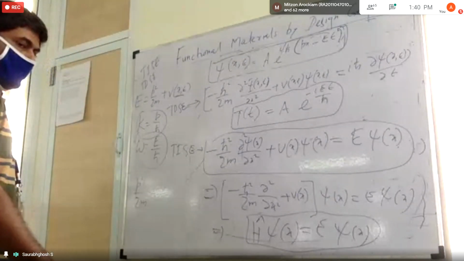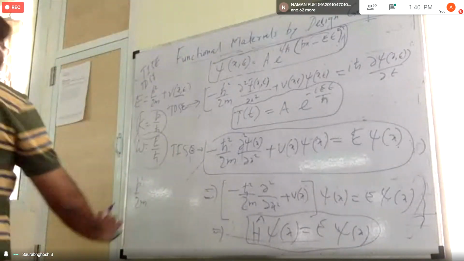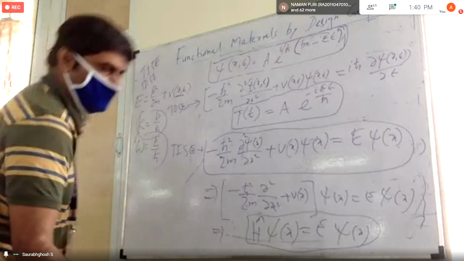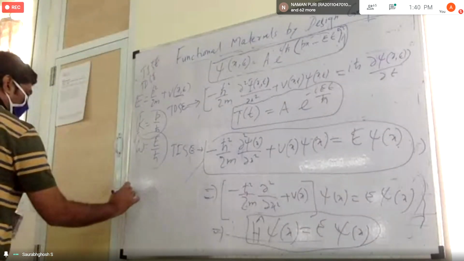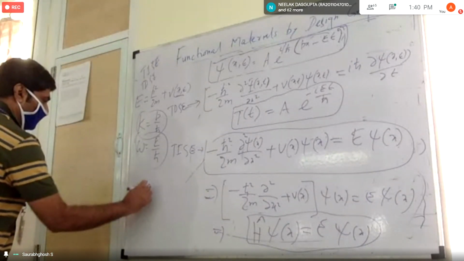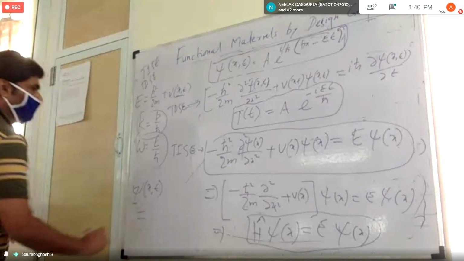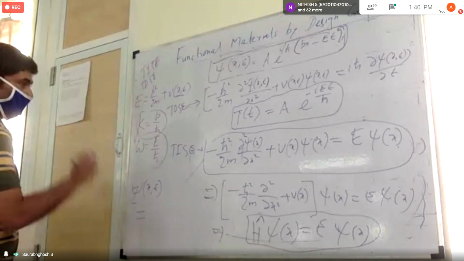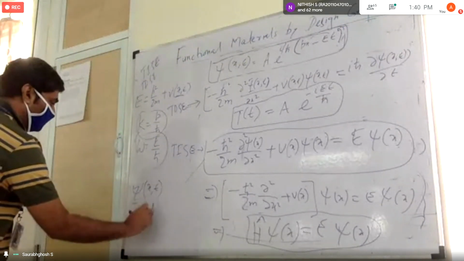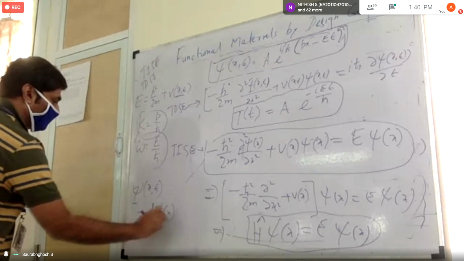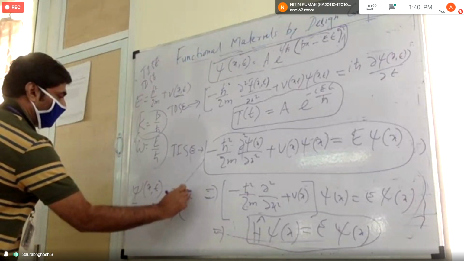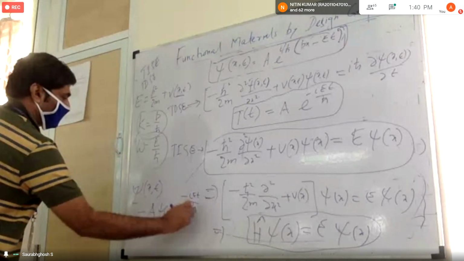When you get psi of x, the total wave function psi of x,t is equal to a constant times psi of x, then e to the power minus iEt by h cut.